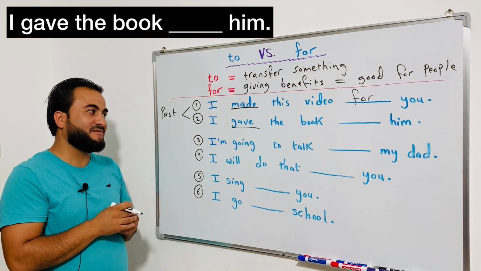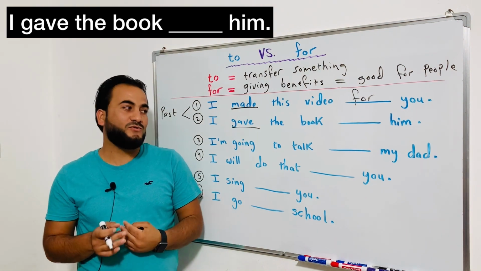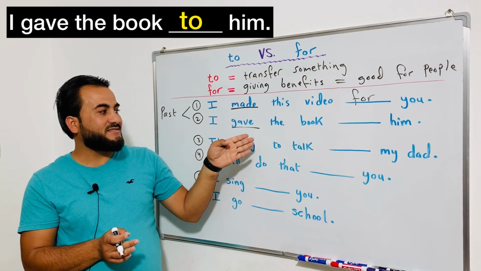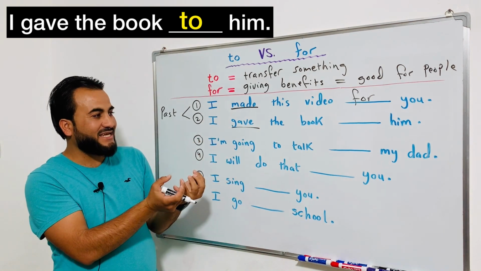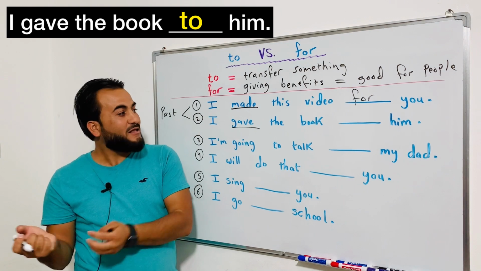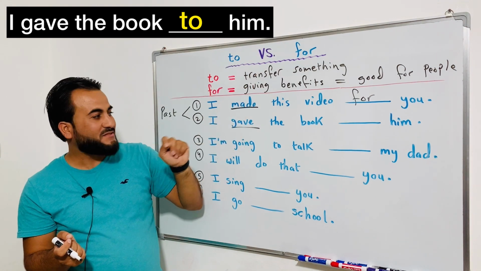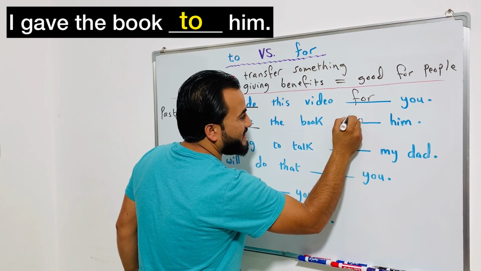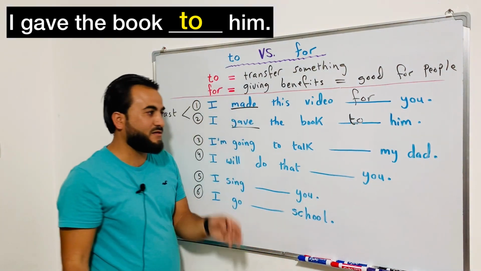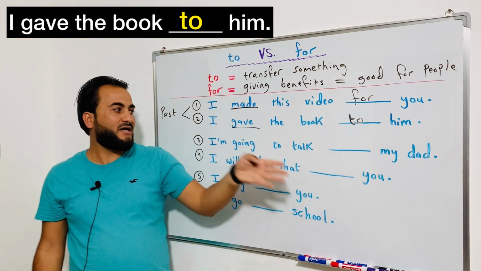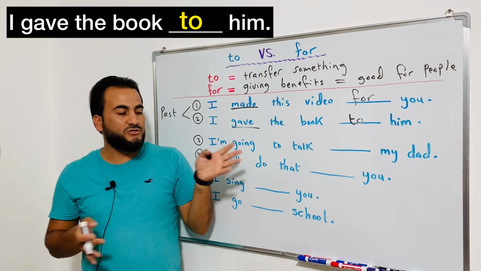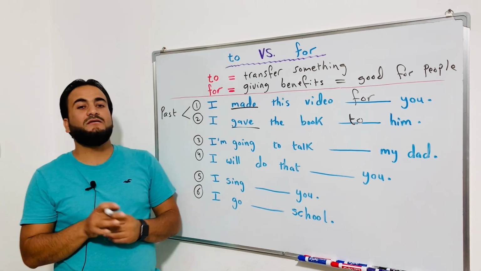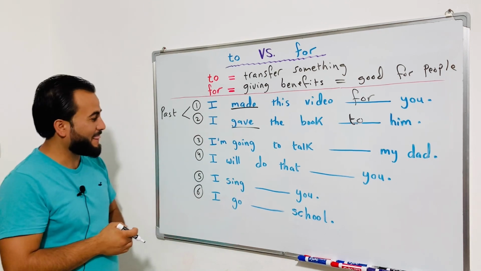If you said to, then you're correct. إذن الإجابة to. أنا بدي أنقل الكتاب لشخص معين. إذن هون transfer. معناها الجواب بده يكون to. Okay. I gave the book to him. I gave the book to her, to my mother, my dad. Okay, whoever. Very nice.